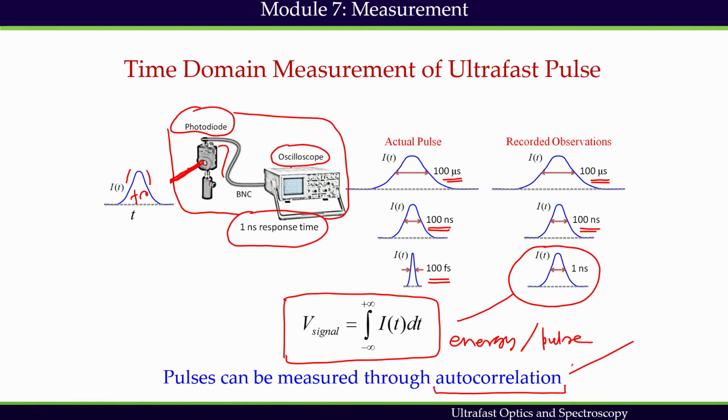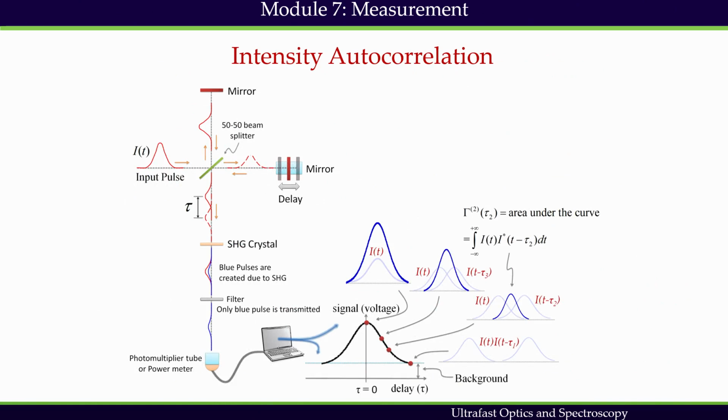Autocorrelation, which means you are asking the pulse to measure itself. That's called autocorrelation. A simple setup which can do autocorrelation measurement is Michelson interferometer.